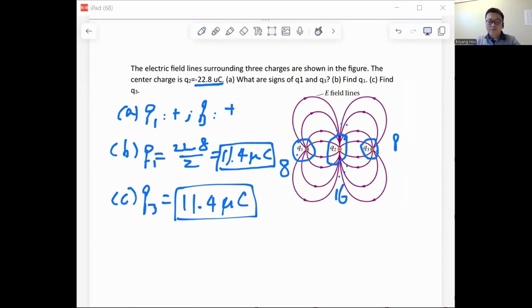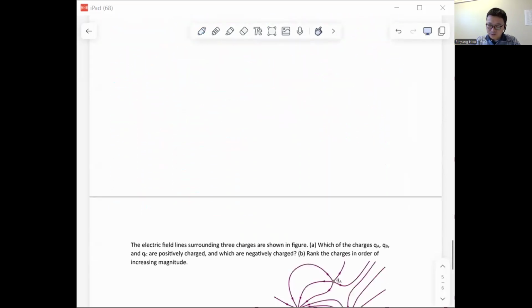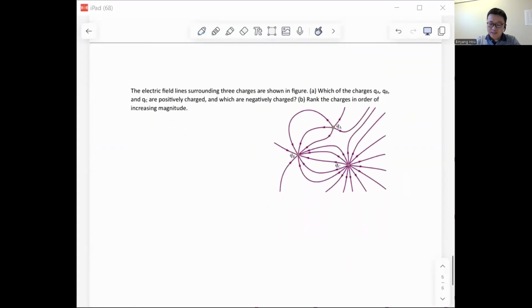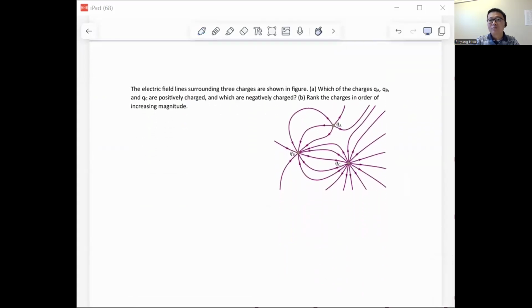All right, so that's the first one, and then we will take a look at the second one. Just to reinforce our knowledge there. So again, there are 3 charges here: QA, QB, QC, and there are electric field lines either coming into them or out of them.